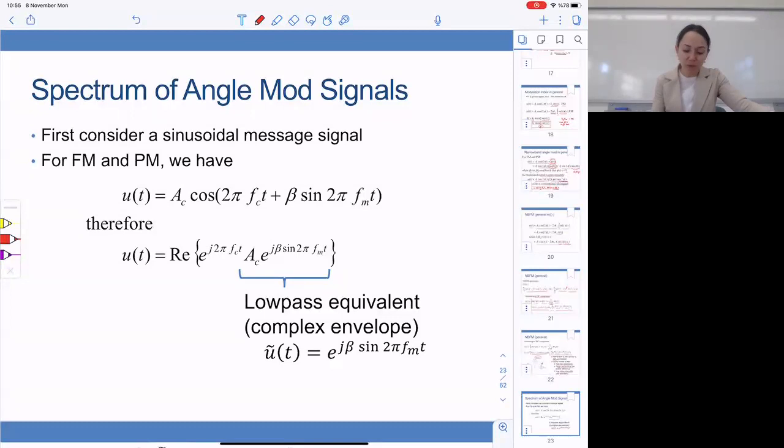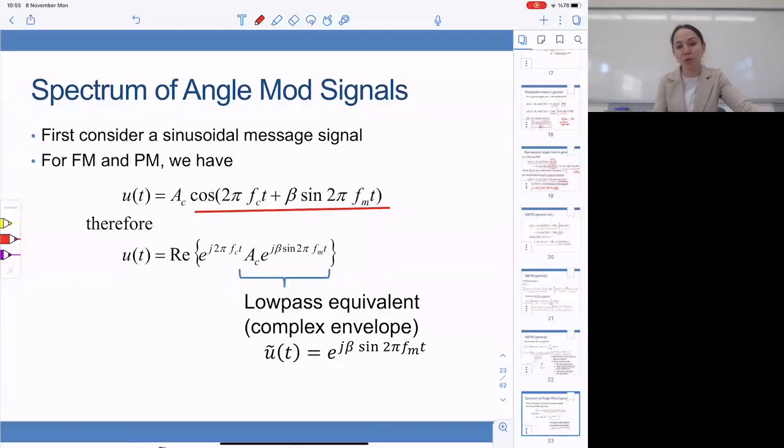Now, we will make use of phasors again in the rest, because we have sinusoidal signals, and we can always think of a cosine as the real part of a complex exponential. So we'll do that.